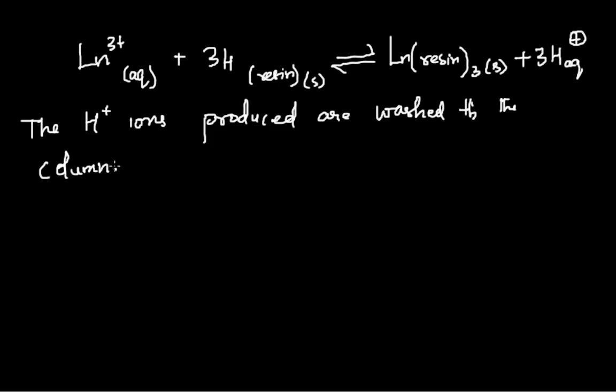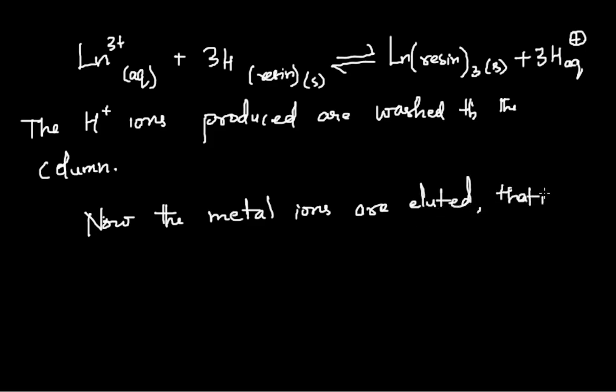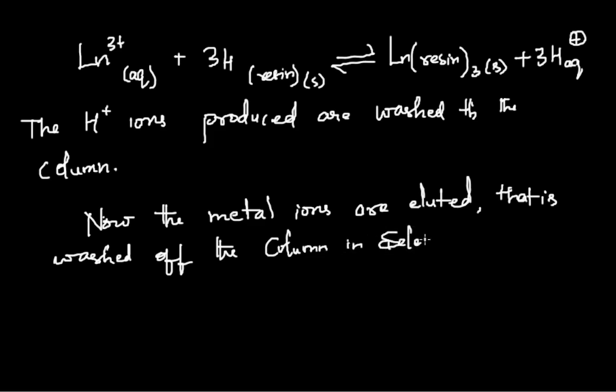Now where are the metals? The metals are on the resin. Now these metal ions are eluted, that is washed off in a selective manner. There are many eluting agents.